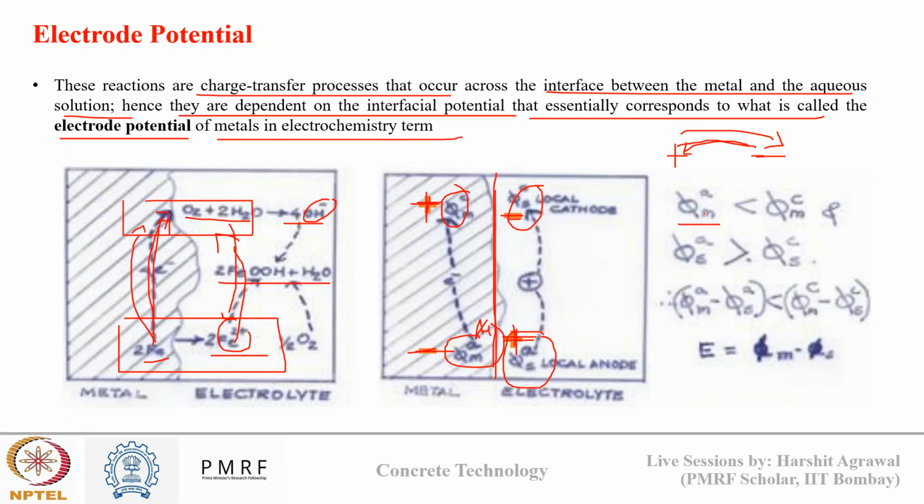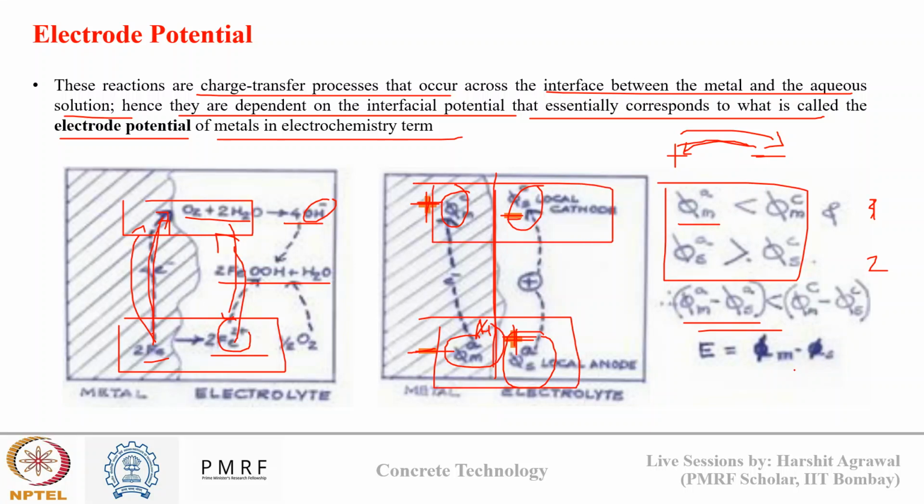If we subtract these two equations, equation 1 and equation 2, we will get the potential difference at this location compared to the potential difference at this location, and this is known as the electrode potential. The final equation that we get here is known as the electrode potential.